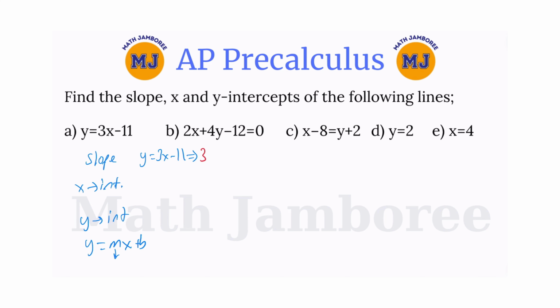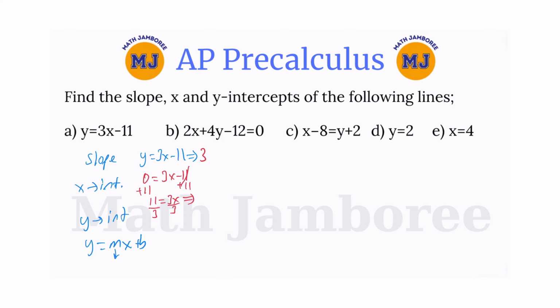What about the x-intercept? To find the x-intercept of something, we're going to substitute 0 for the y. So if 0 equals 3x minus 11, then you add 11 to both sides. So 11 equals 3x. Then you divide both sides by 3.